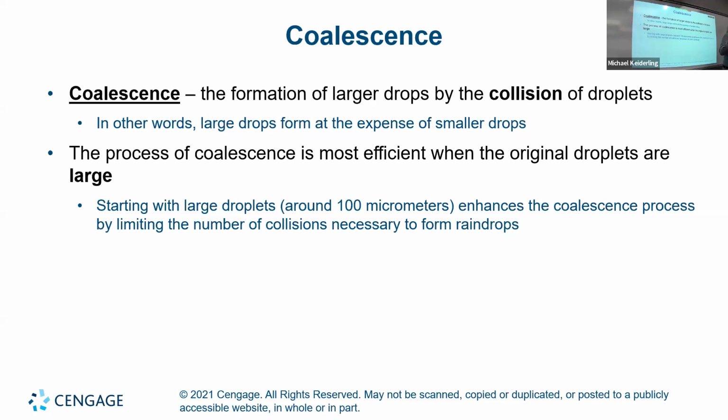Eventually they get bigger, then they will break into smaller pieces, and those will fall and start expanding as well. And the process of coalescence is most efficient when the original droplets are relatively large. So starting with large droplets around 100 micrometers enhances this coalescence process by limiting the number of collisions necessary to form raindrops.